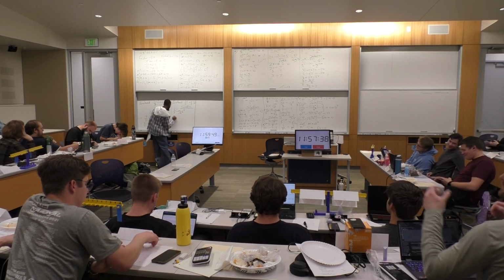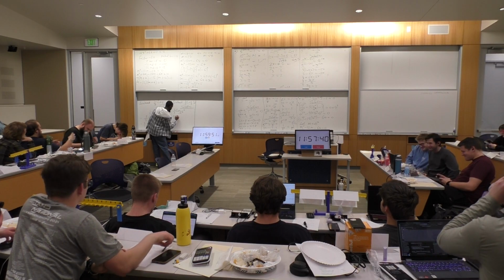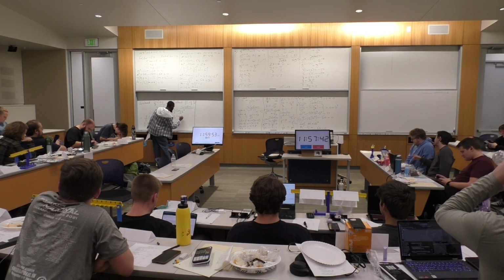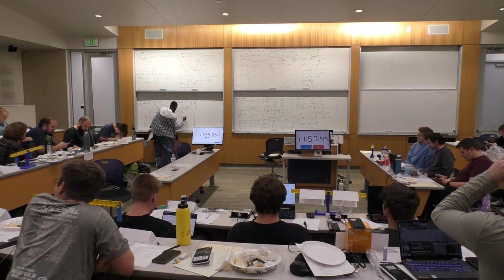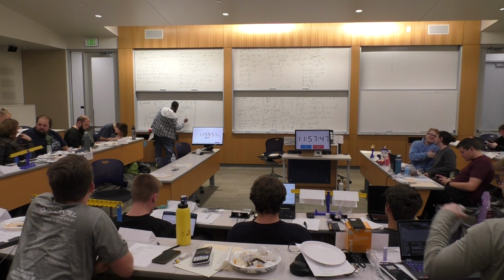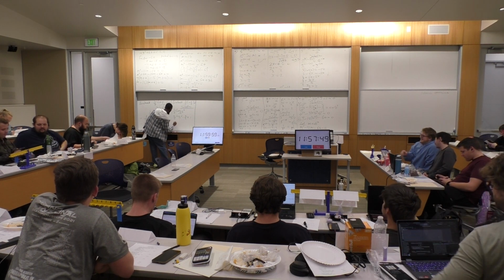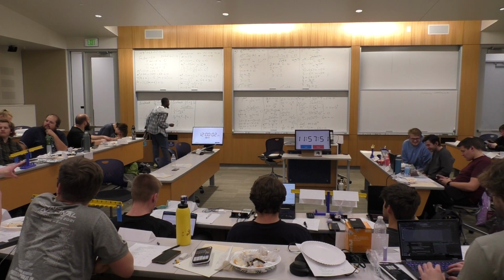Hence, you have 5 over 2 log 2 base 2. This is equal to 5 over 2 times 1 equals 5 over 2.